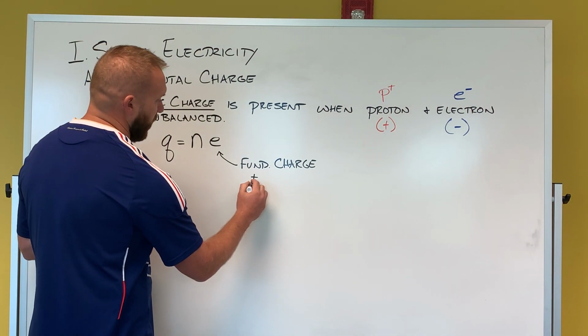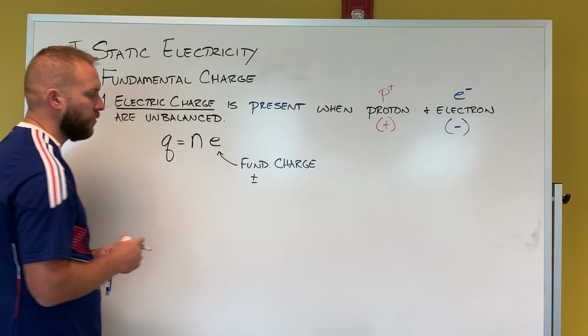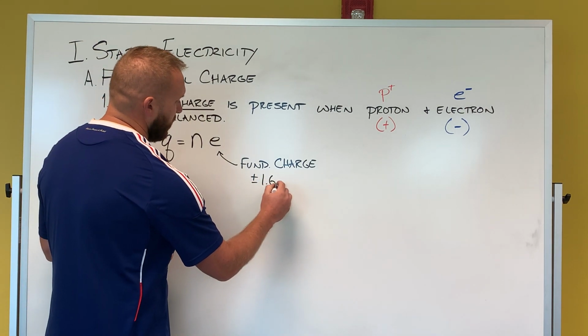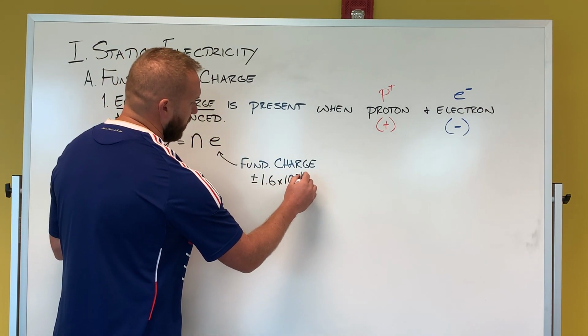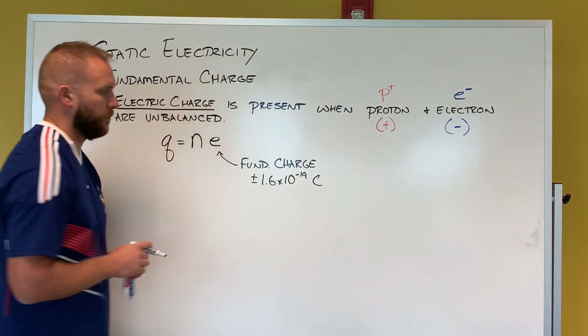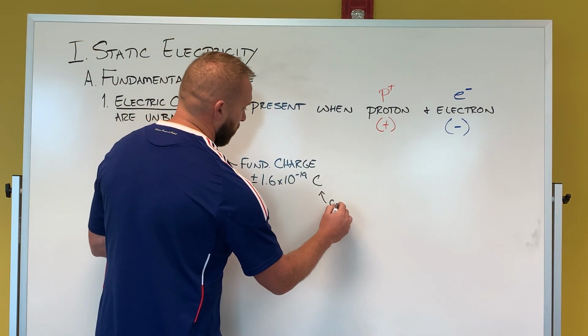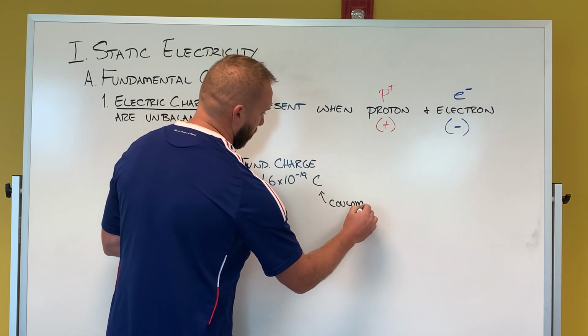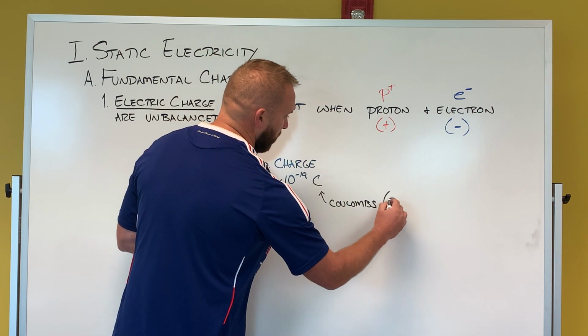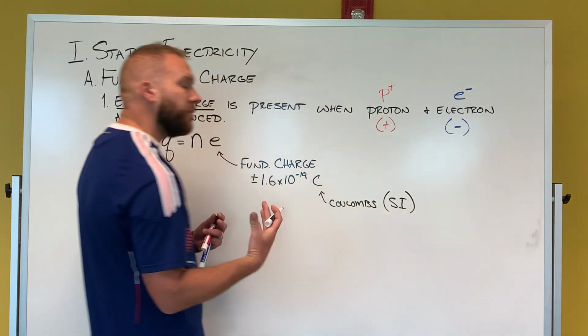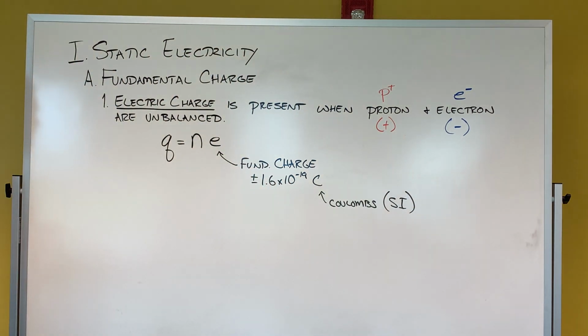So that's a plus or minus, depending upon if it's a proton or electron, 1.6 times 10 to the negative 19 coulombs. Coulombs, that is an SI unit. So that is basically what we are going to measure charge in.